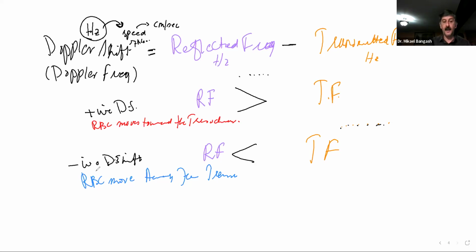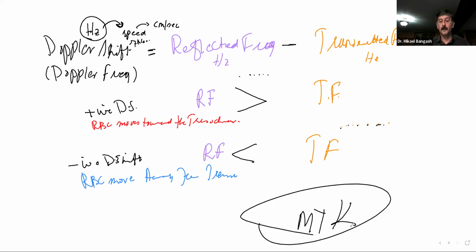Whereas on the other hand, if your reflected frequency was lesser than the transmitted frequency, that gave you a negative Doppler shift. So this slide here is a must to know.